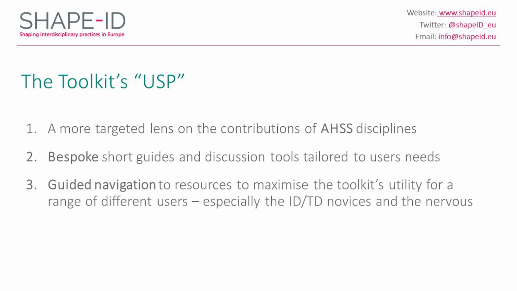We provided a series of short guides and discussion tools that I'm going to introduce you to in later slides, because there was a demand for short collections of practical wisdom that drew on the knowledge of the whole Shape ID team, who have a lot of experience in conducting inter and transdisciplinary research. People wanted our collective wisdom in an accessible form, ours and others. And so we produced several of these short guides.